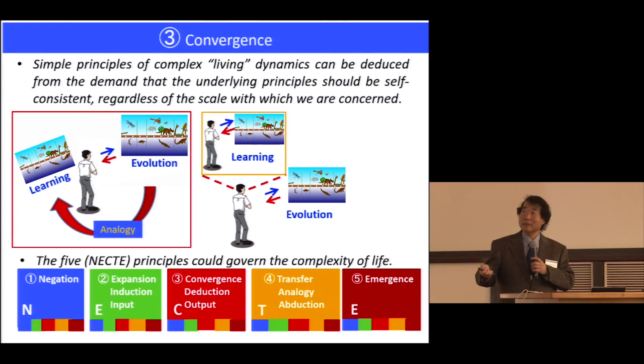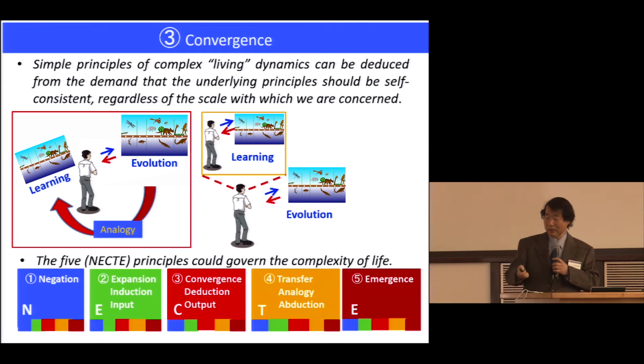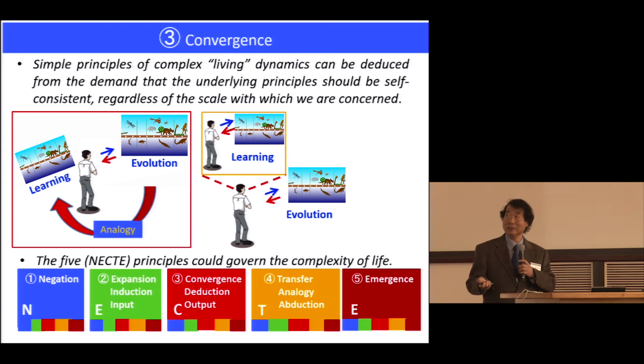So there must be some analogous situation between outside world evolutionary phenomena and learning phenomena within us. It leads to some analogous situation. We go to the fourth step, transfer or analogy or abduction.